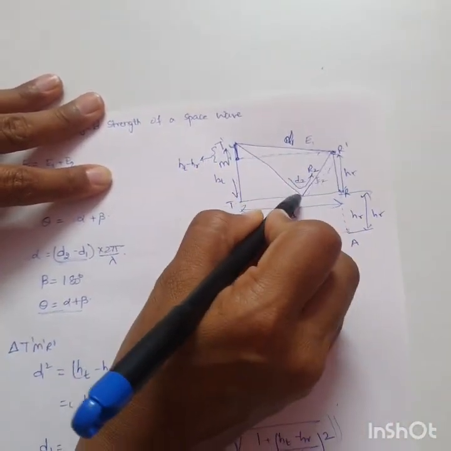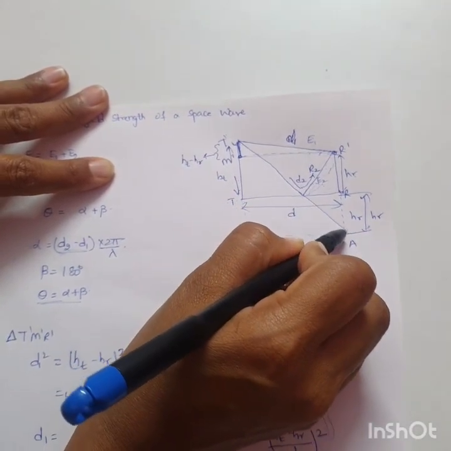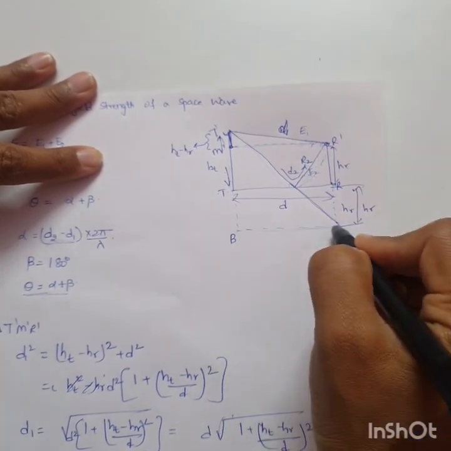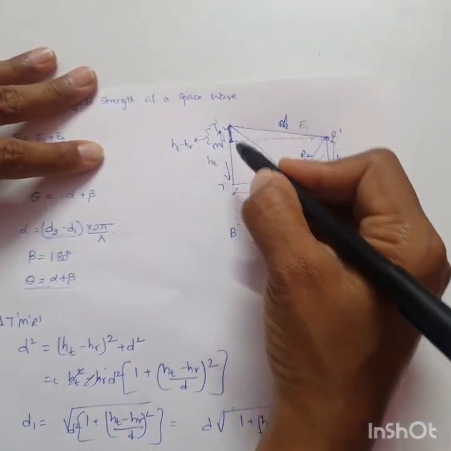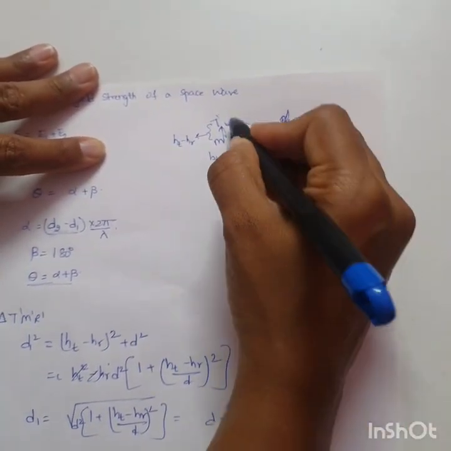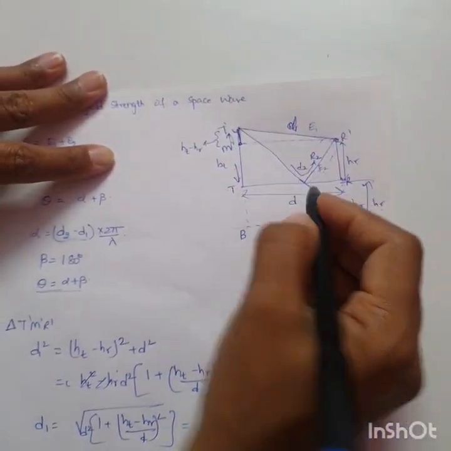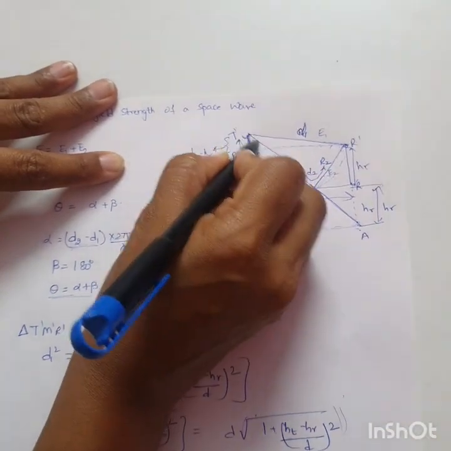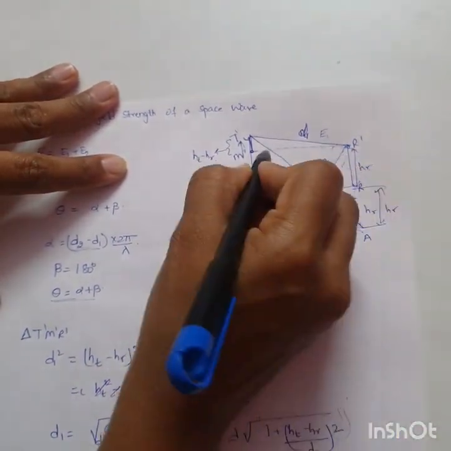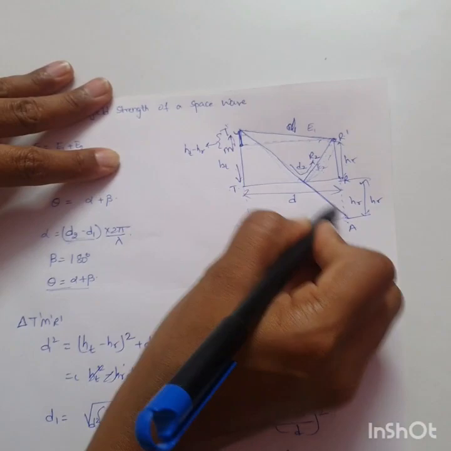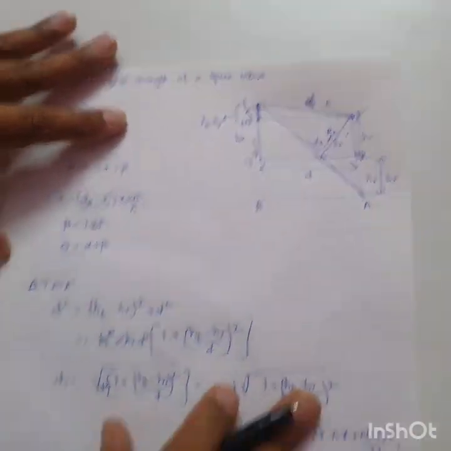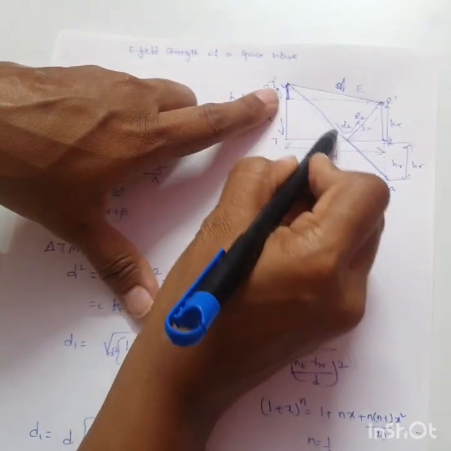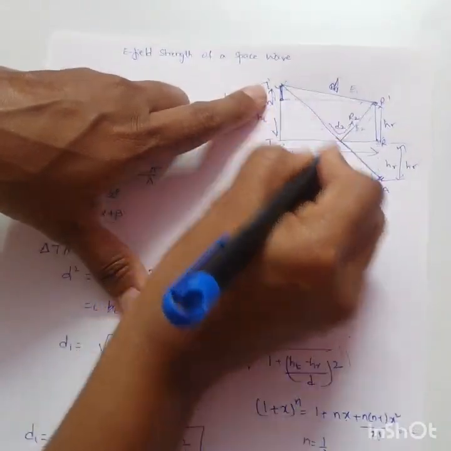This total path we can obtain by extending this line and considering the triangle T prime B A. This distance is the same as the path distance. So D2 is this entire distance from here to here.